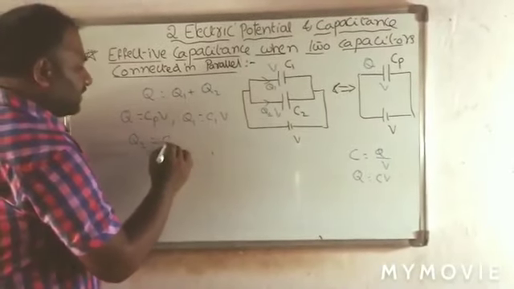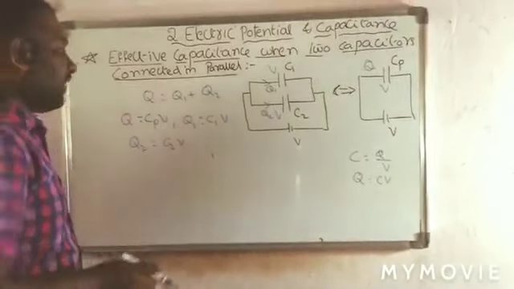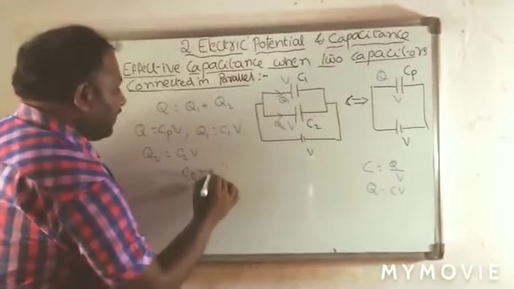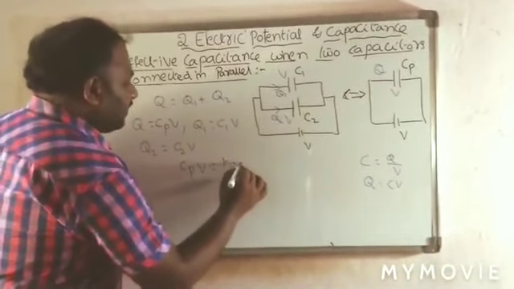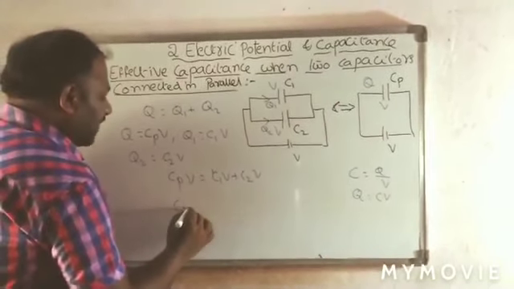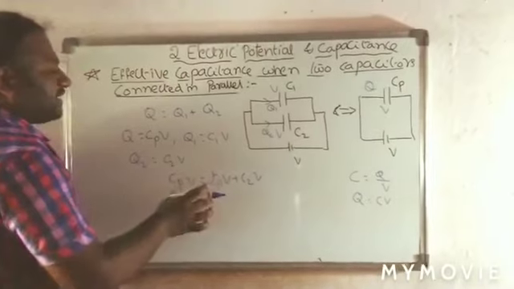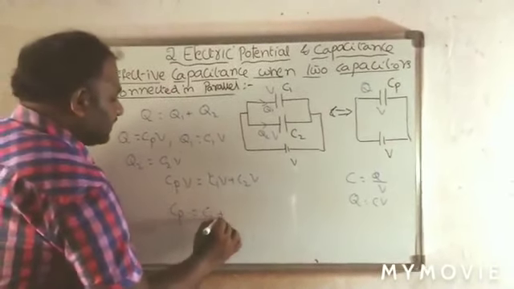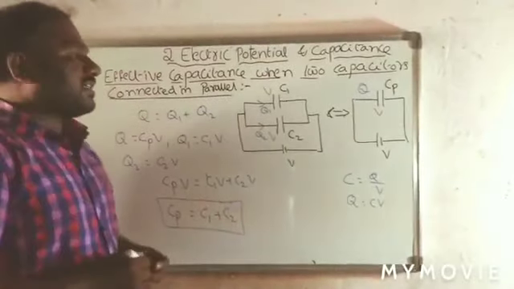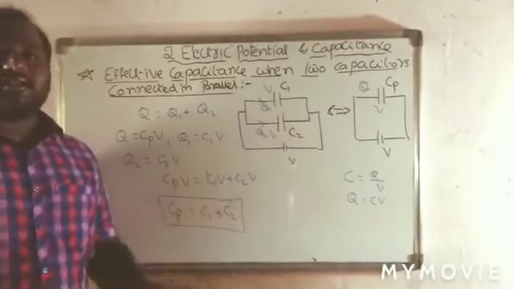Q2 can be written as C2 into V. Finally, we substitute all the values in this equation. Cp into V is equal to C1 into V plus C2 into V. Finally, the capacitance whenever two capacitors are connected in parallel is C1 plus C2. So this is the derivation when two capacitors are connected in parallel.